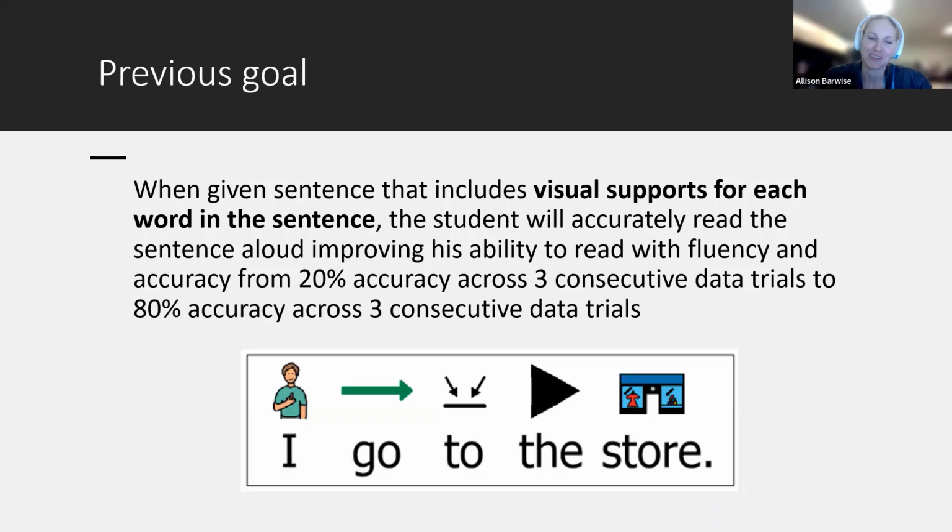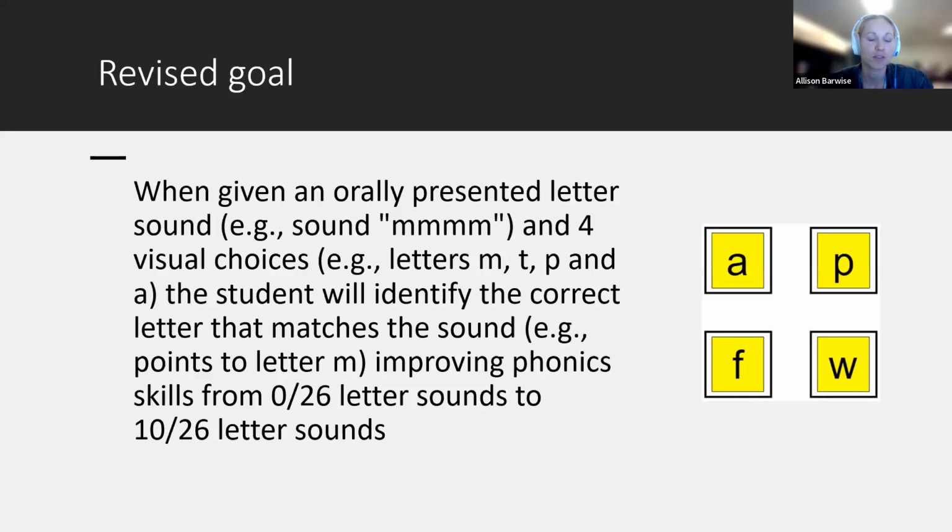So this goal wasn't going very well, as you may expect. And we know that research suggests the blocking effect when we pair words with their symbols. And I think this was just maybe not the most supportive goal for him moving forward in terms of developing those foundational reading skills.